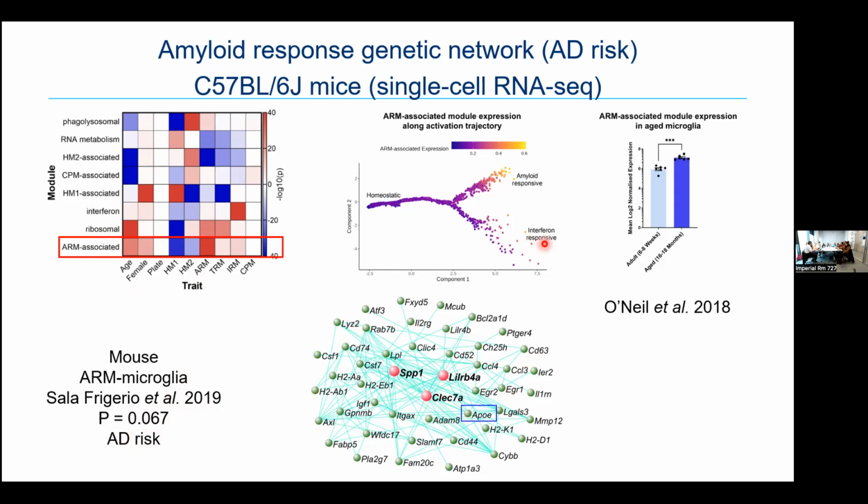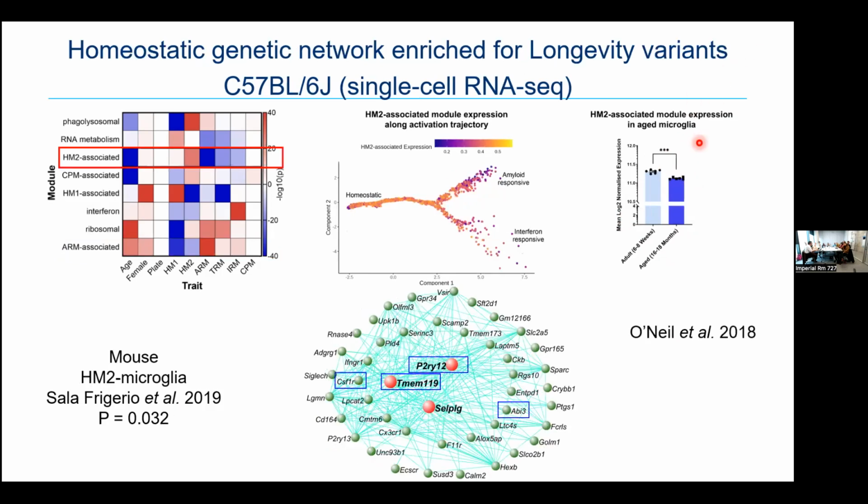Then again, as before, we're looking at the age dependency of these networks of genes. And again, we see in the independent data set that these genes are increased in old compared to young microglia. So that's a nice sanity check as well, and we can do nice statistics there.